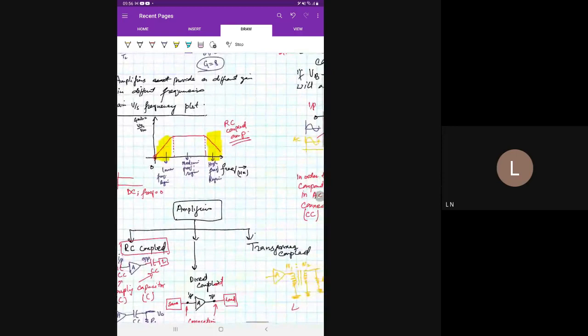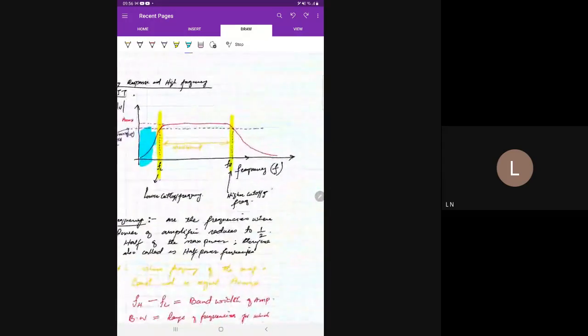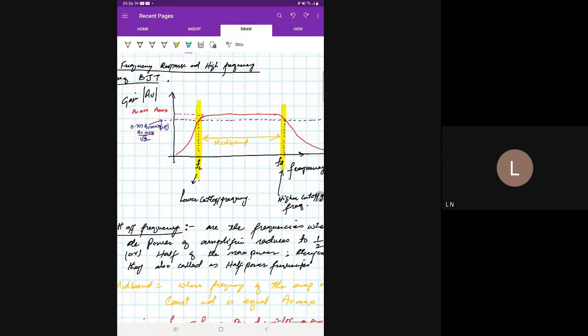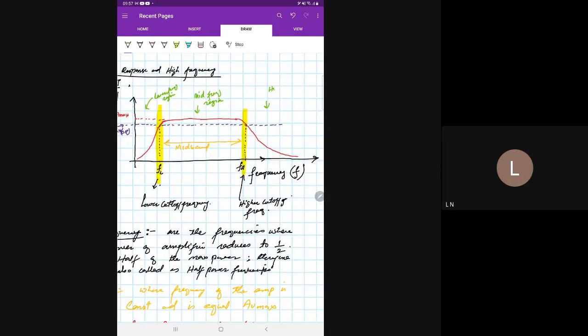One is the lower frequency region, the second is the mid frequency region or mid band, and the third is the higher frequency region.